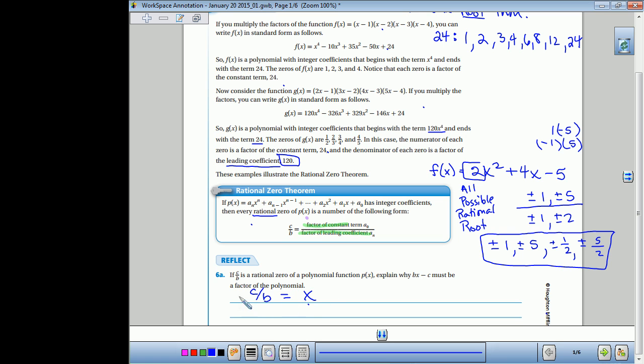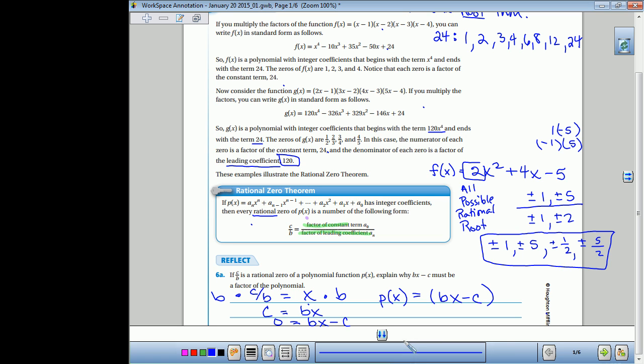If we solve for the zero, we get c equals bx, and so we get 0 equals bx minus c. So if this shows it is a zero, then bx minus c must be a factor of that polynomial.